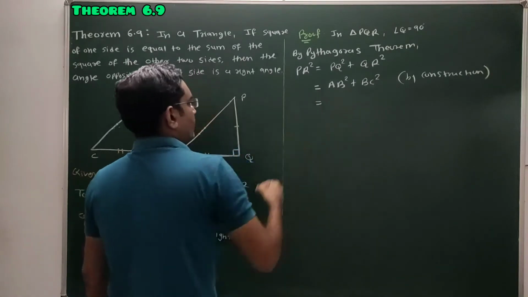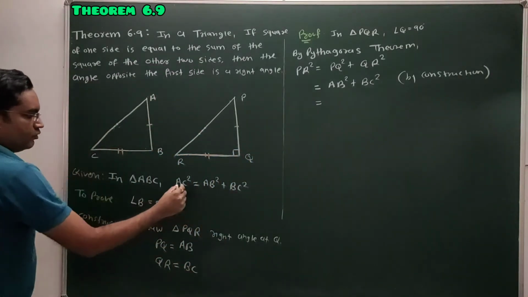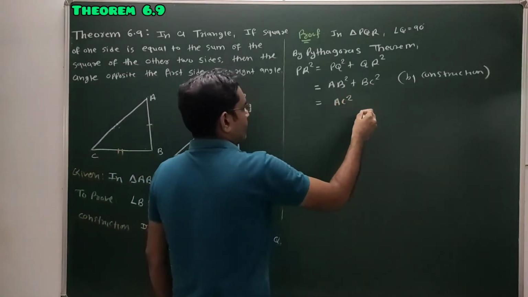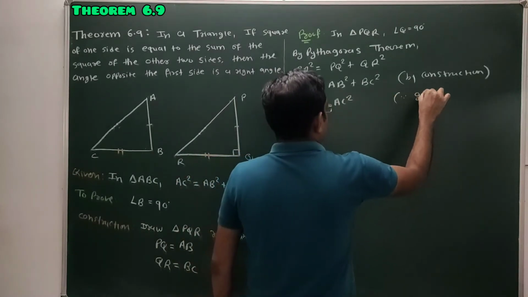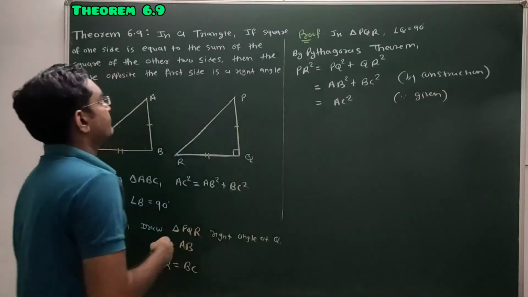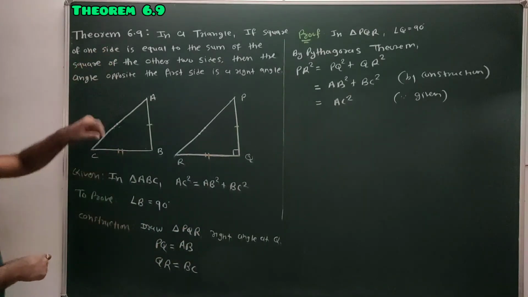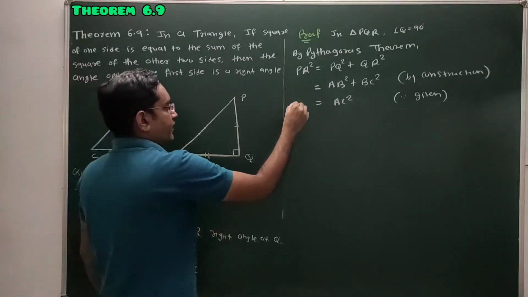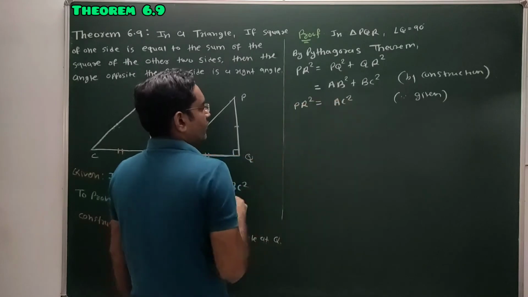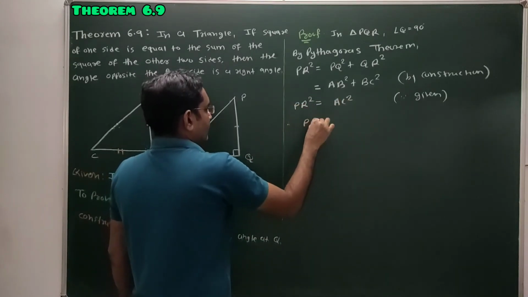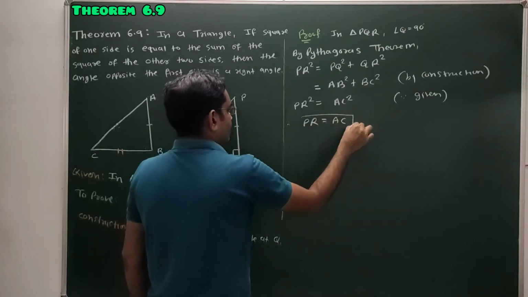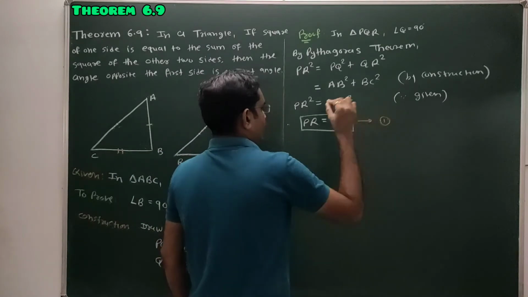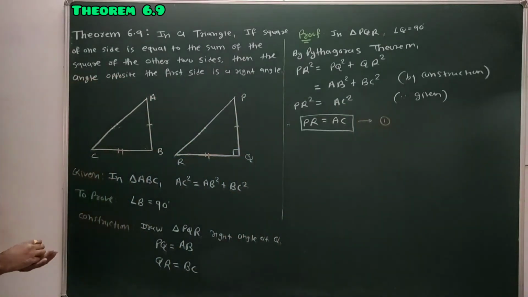Now this is equal to AB square plus BC square, which is equal to AC square, that is given in our statement. So now students, we can write PR square equals AC square, and therefore PR equals AC. Call this result number 1.